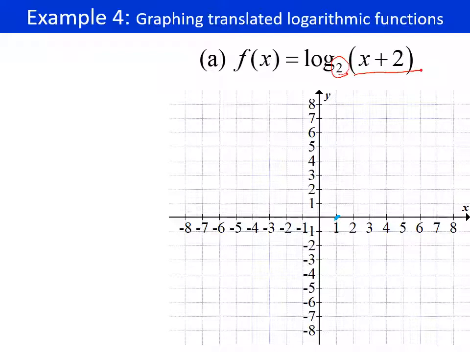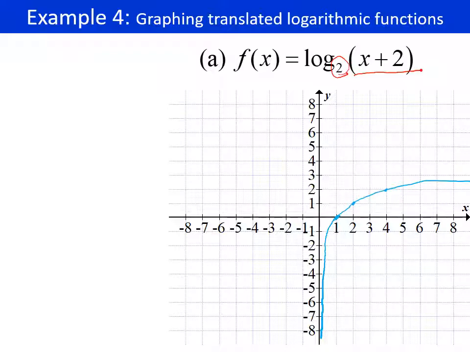Since it's base 2, we would have a dot at 2, 1. There would also be a dot at 4, 2, and it would go forever in this direction, but never go past the y-axis. Now that's log base 2 of x.